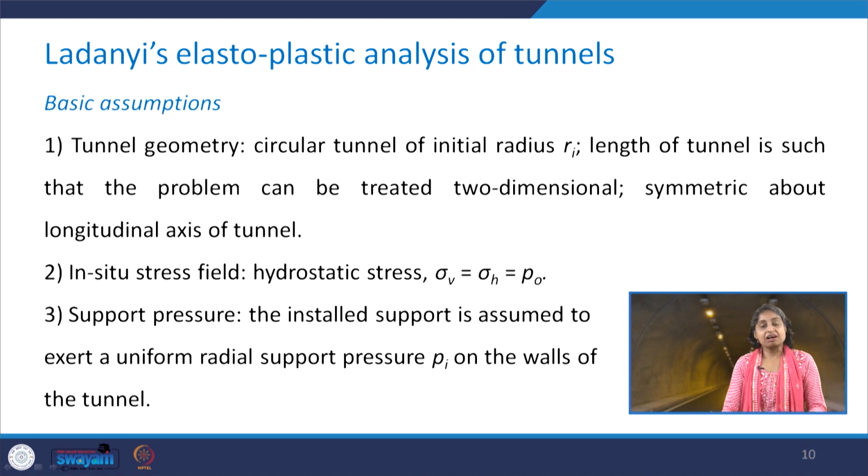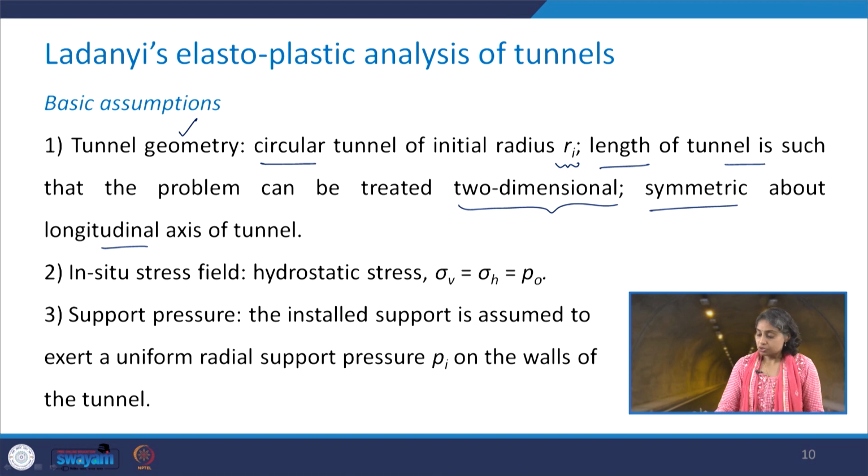Coming to the basic assumptions of this analysis. The assumptions related to tunnel geometry are that the tunnel is circular, having the initial radius Ri. The length of the tunnel is such that the problem can be treated as two-dimensional, and the tunnel is considered to be symmetric about the longitudinal axis.